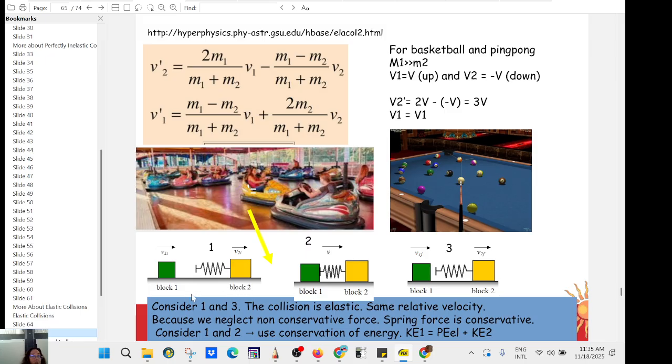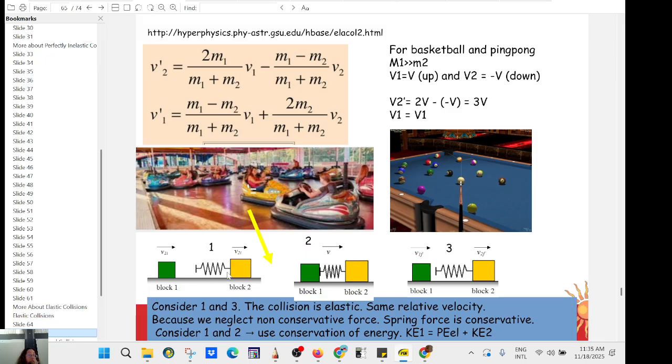Some of the problems are very complex, so you have to do them in different steps. For example, in this complex situation, typical of a bumper car, I don't know what it's called, look between here and there.